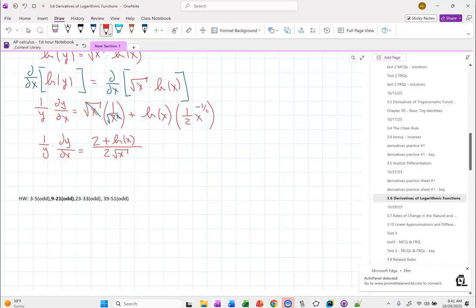So then all I have to do is multiply the y back to both sides. That ought to do it.